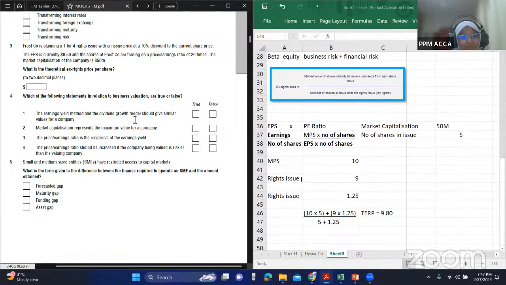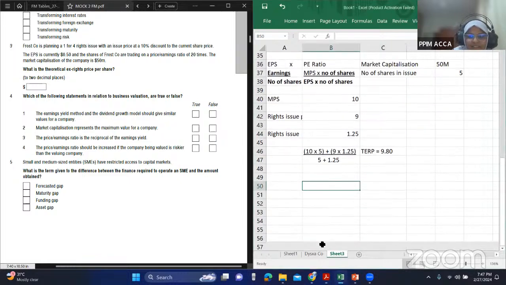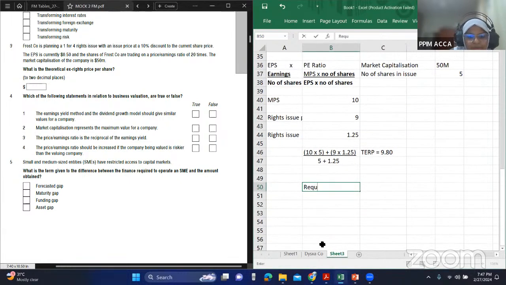So what they're saying is, if you're a medium-sized entity or a small entity, you have a problem where you require a certain amount. You're not able to raise that amount. Why? Because maybe the bank is not willing to lend to you. Investors are not willing to buy shares in your company because you're still small. Okay. So you require one amount, but you can obtain only a smaller amount.